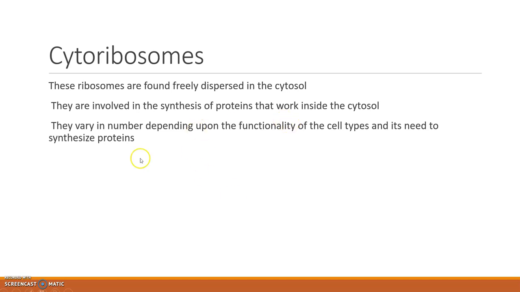Those which are found free in the cytoplasm are called cytoribosomes, and they are involved in the synthesis of proteins that work inside the cytosol. The proteins needed in the cytosol are synthesized by cytoribosomes, and their number varies depending upon the functionality of the cell types.